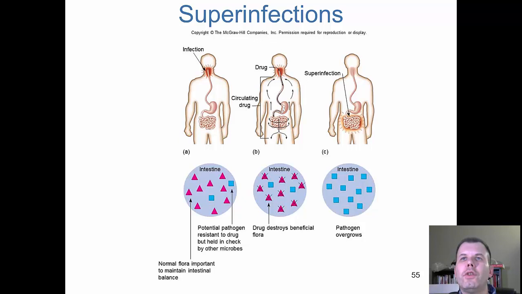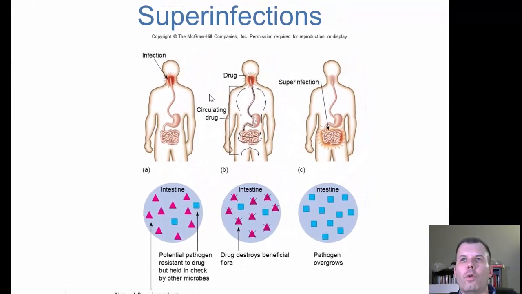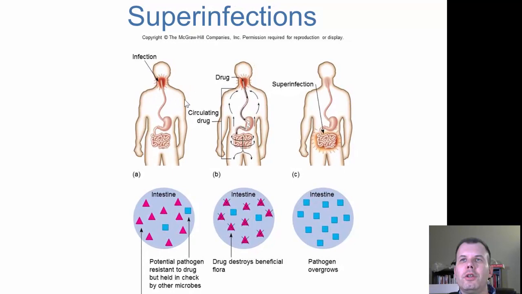All right. This shows you the superinfection. Let's say you had a staph infection in your throat. You take a drug that goes to your intestine, but you take it over and over again because you keep getting this infection. The drug targets the normal flora in the intestine and starts wiping out the ones that normally prevent outgrowths of these pathogens.